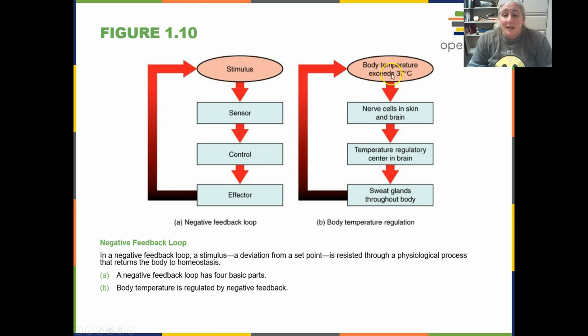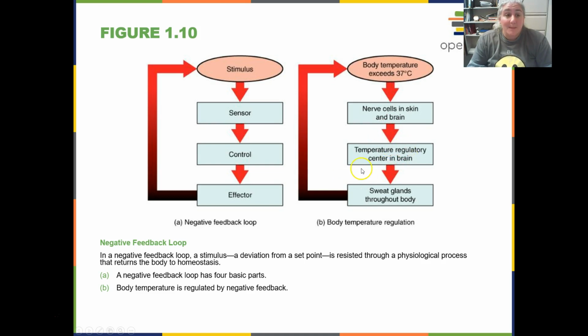This is going to be detected by our skin. It'll be detected by, mainly, your skin is going to detect that change, right? Internal organs might detect that change as well. That change in temperature is going to be sent to the brain.